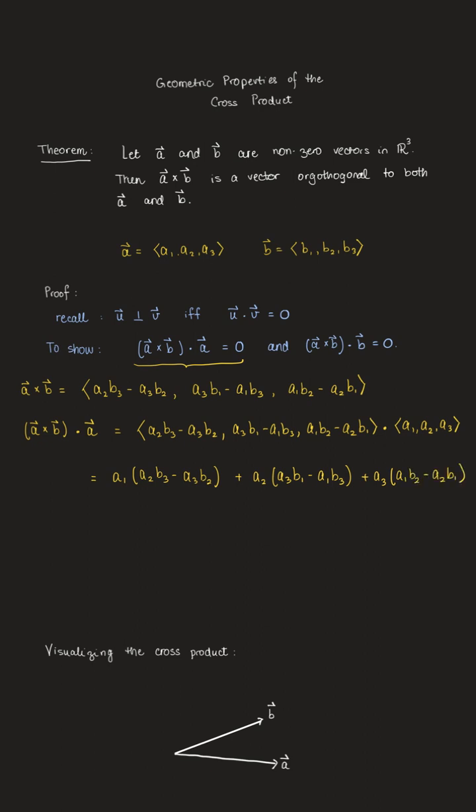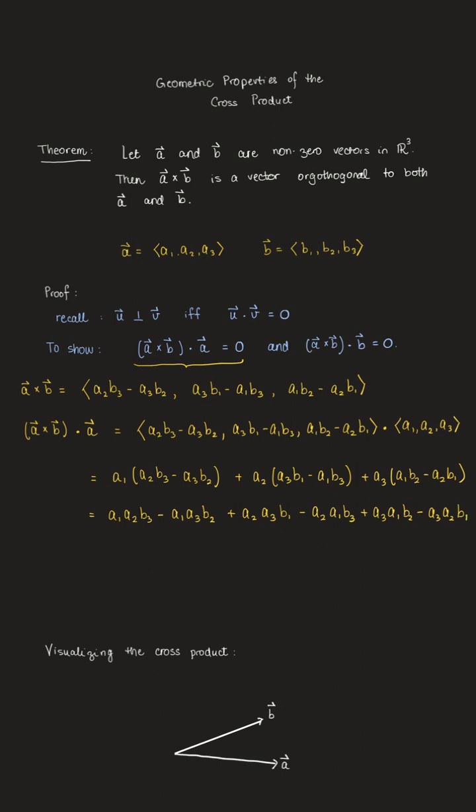Recall that the dot product is commutative, so the order of these multiplications does not matter. Now I'm going to distribute. These are all scalars. So we get A1A2B3 minus A1A3B2 plus A2A3B1 minus A2A1B3 plus A3A1B2 minus A3A2B1.